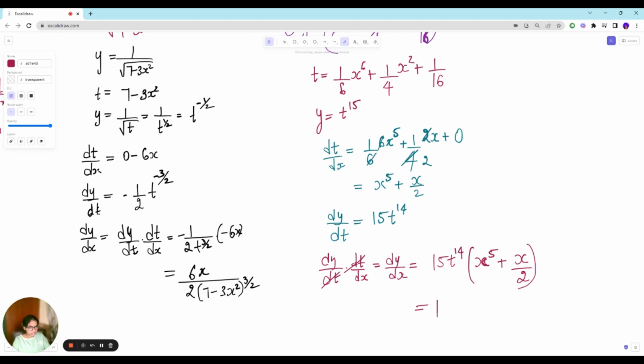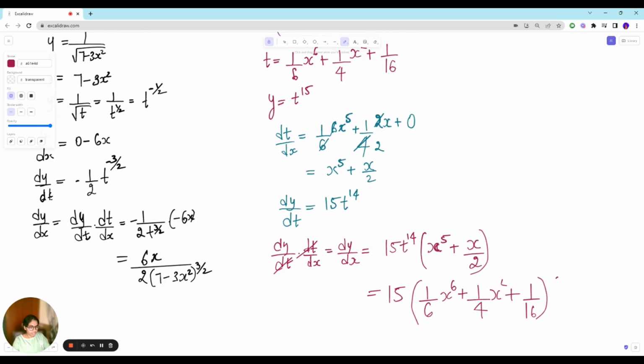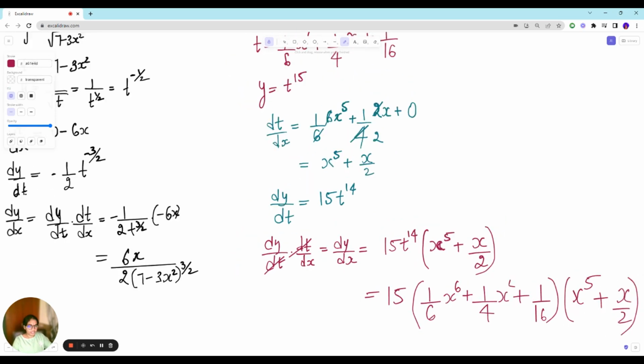Okay, that is 15 into (1 divided by 6 x to the power 6 plus 1 divided by 4 x to the power 2 plus 1 divided by 16) to the power 14, into x to the power 5 plus x divided by 2. This is our final answer.